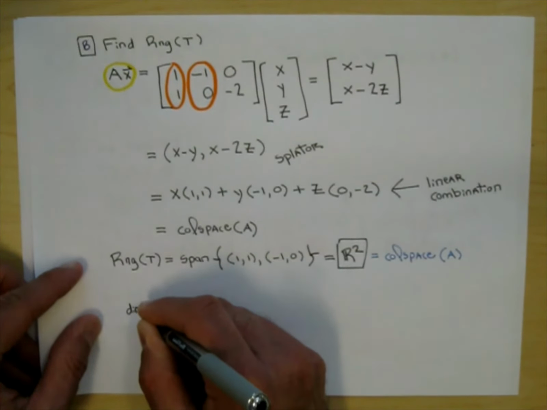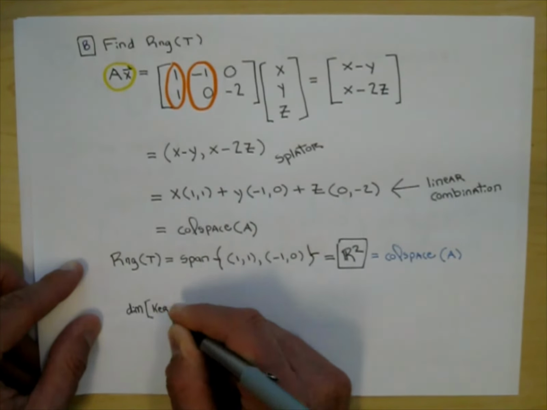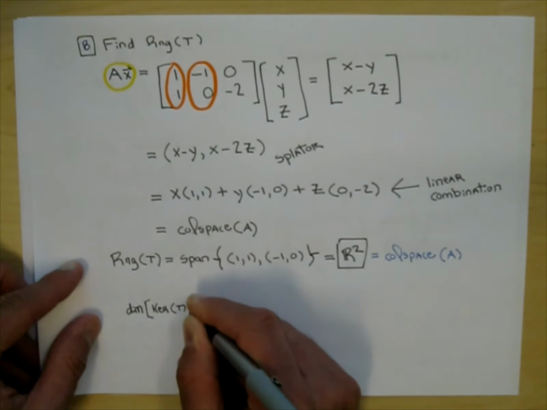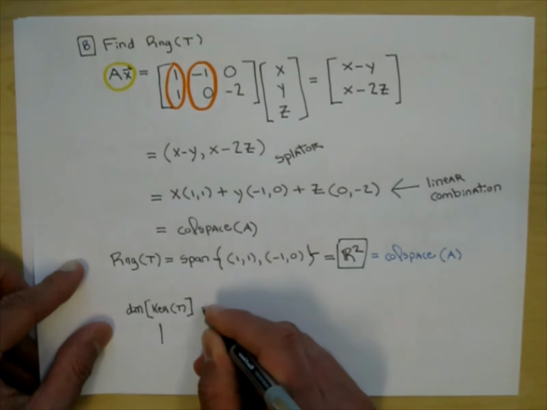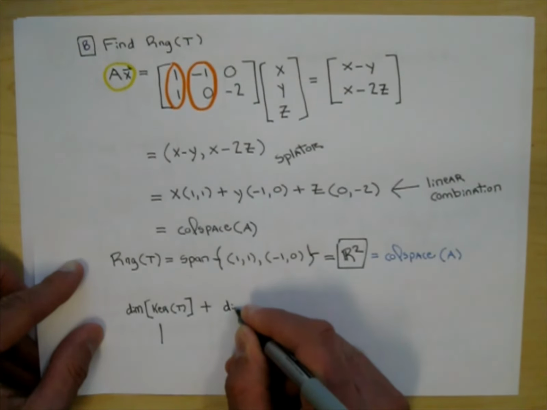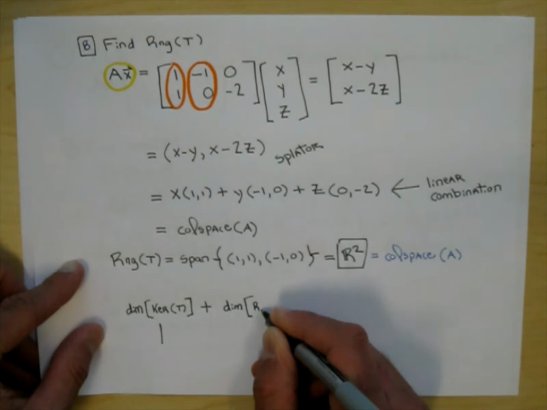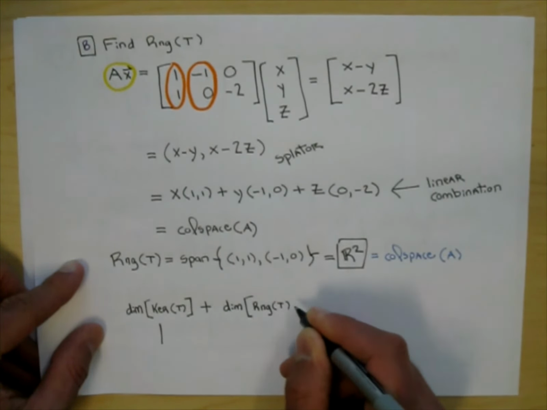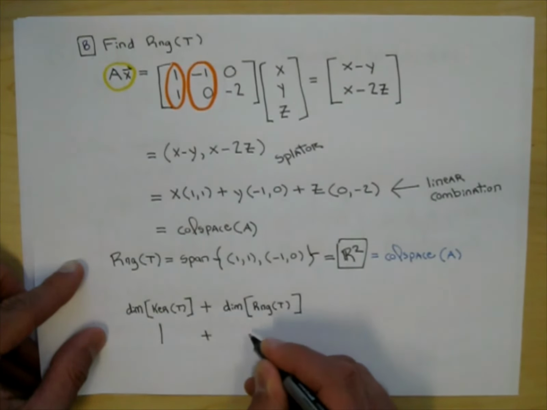Dimension of the kernel in our example is 1. Now, what is the dimension of the range of the linear transformation? Well, the range is R2, so we know that that has dimension 2.